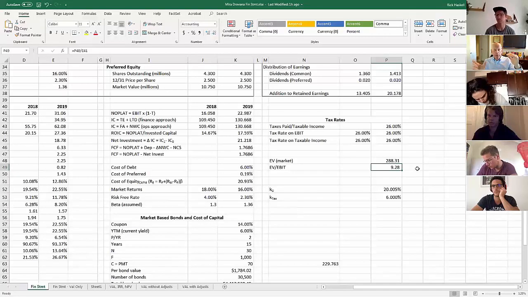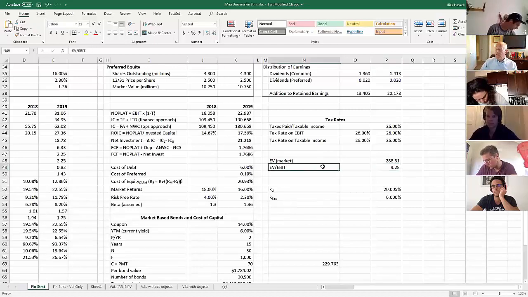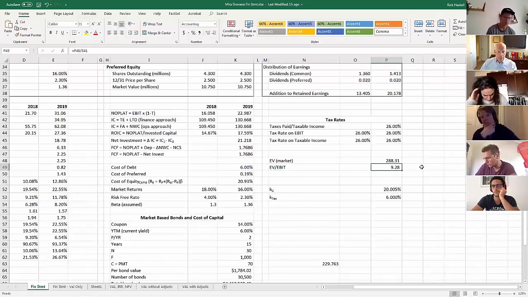We could then come up with a number. That number would be M. It would be whatever it is. In this case, I'm using the value of the company divided by its EBIT, and I come up with a multiple, just a number. In this case, it's a historical number, and maybe I've got this number for every year for the last 10, 15 years or 5 years. I might average them out, or maybe I don't have that. I'm looking at other companies in the market through different repositories of data.